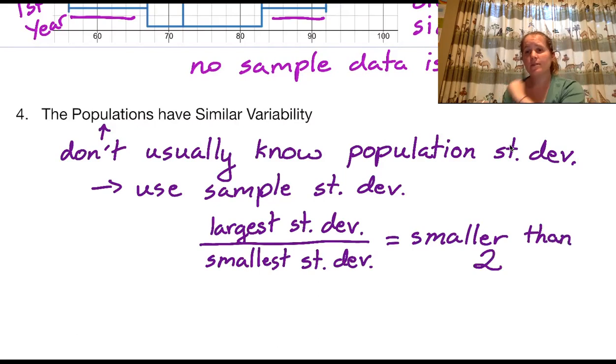So in other words, none of our sample standard deviations is twice the size of one of the other sample standard deviations. Then we take them to be similar enough. So we need to calculate the sample standard deviation for each of our data sets.